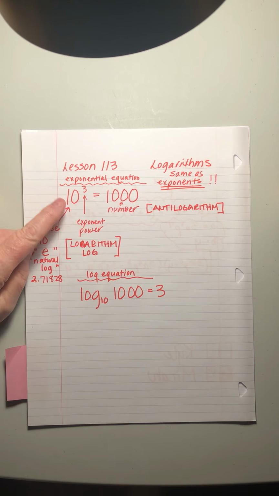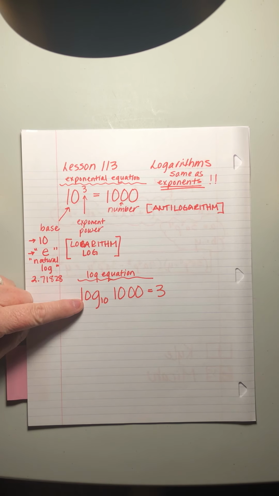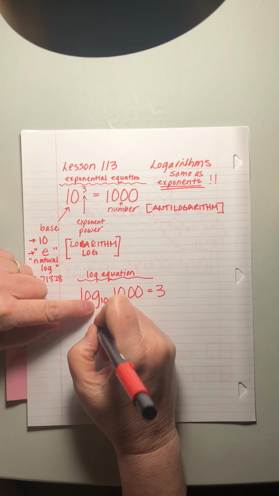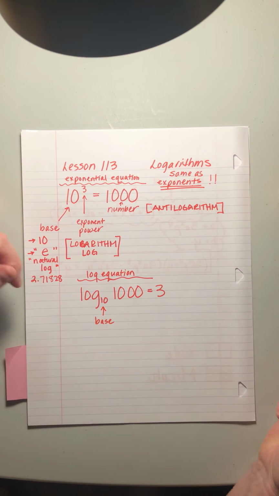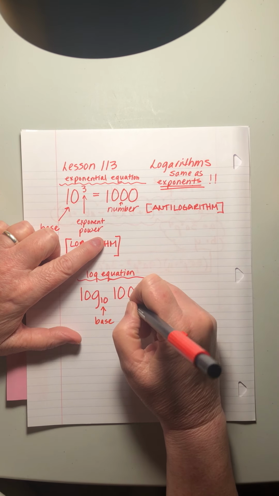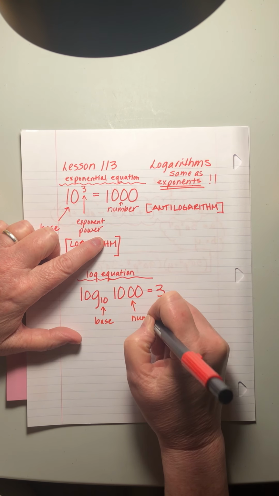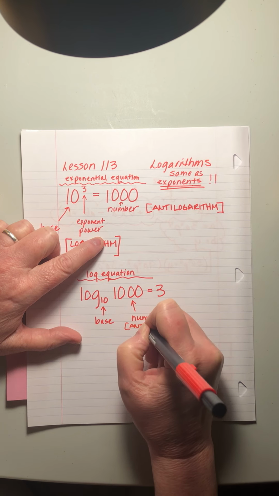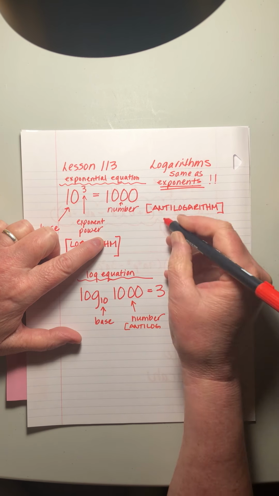What did I just do? I took something so simple and I turned it into a freak, didn't I? But look, here are all the numbers. 10, this is the base right here. This is the number. Or if we want to be weird, we can call it the anti-log. We don't usually say that, but we can.